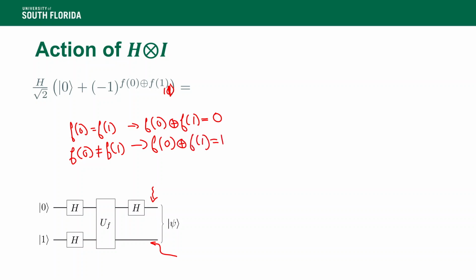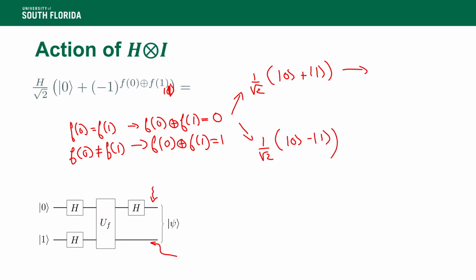So in this case, I'm looking at the state 1 over square root 2, |0⟩ plus |1⟩, while in this case, I'm looking at 1 over square root 2, |0⟩ minus |1⟩. And when I apply the Hadamard gate on the first, I will recover 0, and on the second, I recover 1.